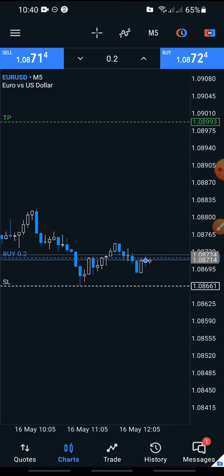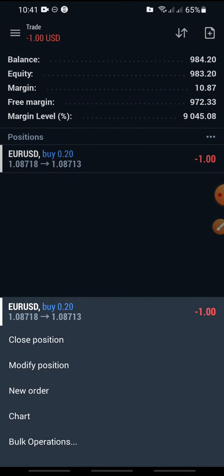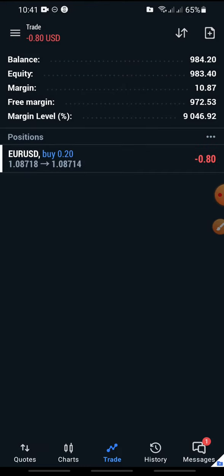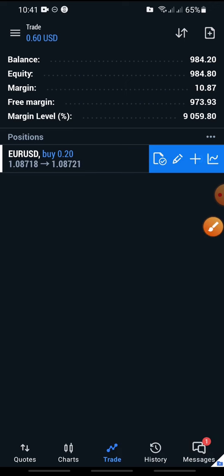Another way to go about modifying it is here, on this place where it's showing your trades. You can just hold on to this and it should bring the same buttons, one for closing the position and one for modifying it. Another option is to swipe to the right, swipe in this direction, and you should have something like this.